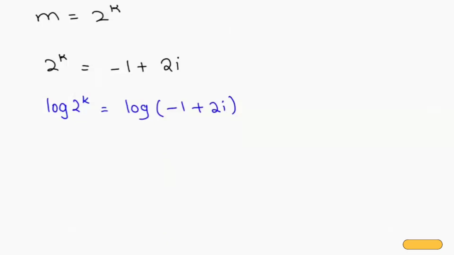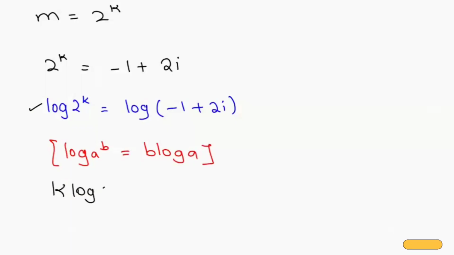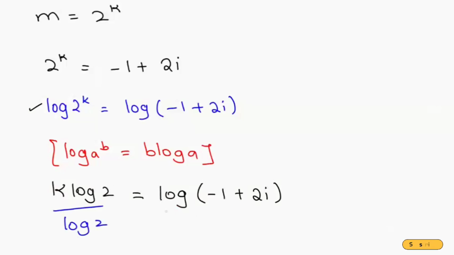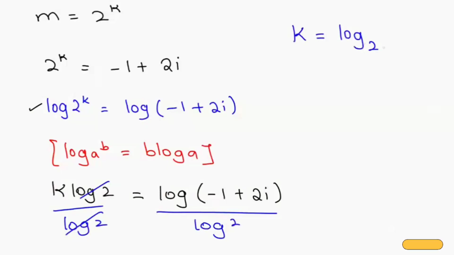Now here I'm going to apply the logarithm rule, that is log of a to the power of b can be written as b log of a. k log of 2 is equal to log of minus 1 plus 2 iota. Now here this log of 2 is multiplying, so it is going to be divided on both sides. Here this and this get cancelled. Now this can be written as k is equal to log base 2 of minus 1 plus 2 iota.